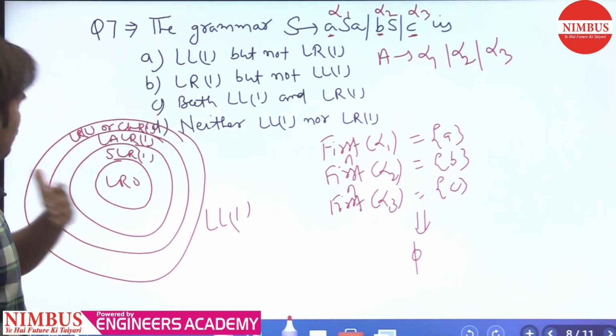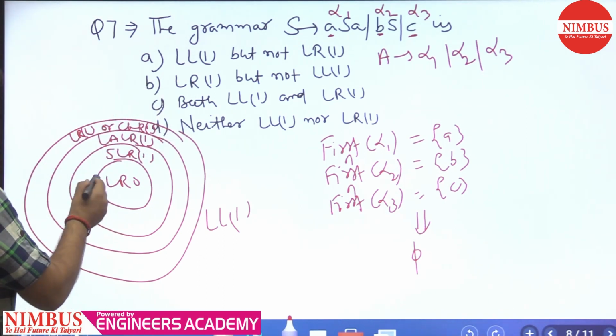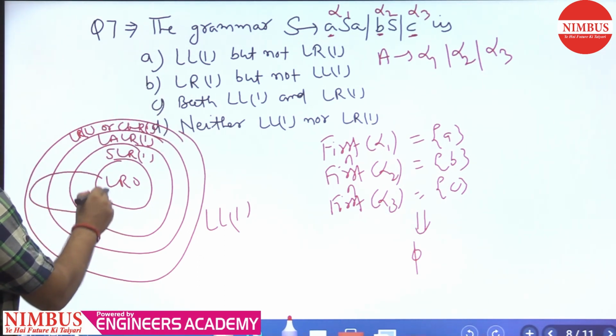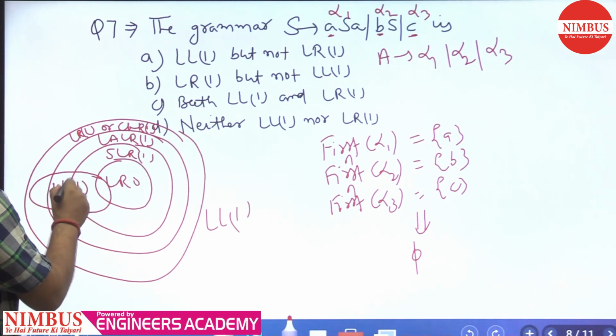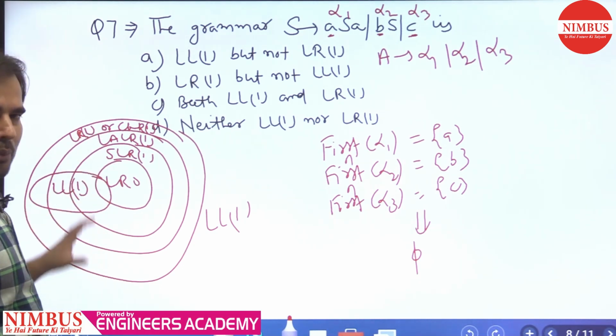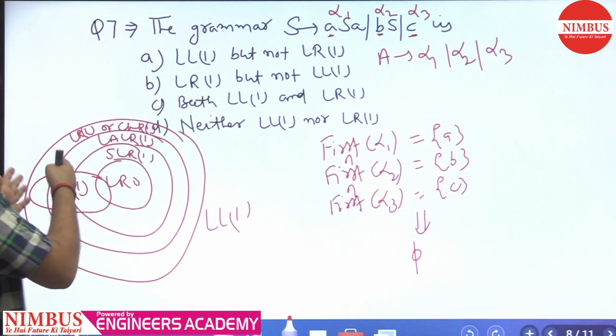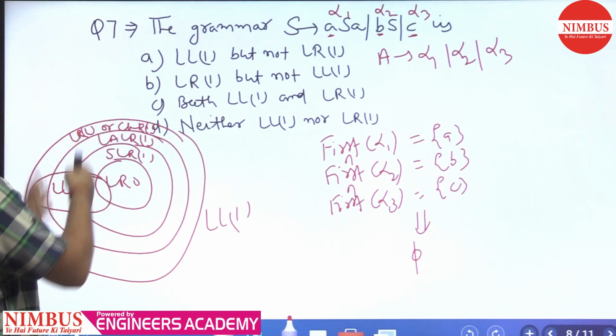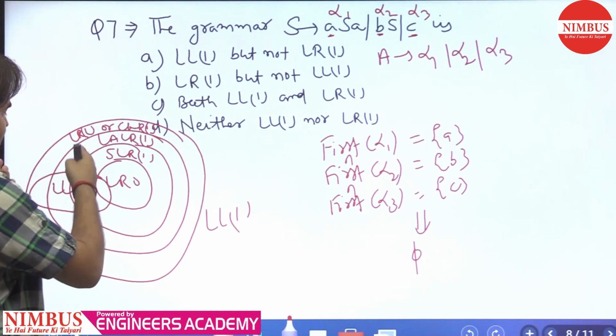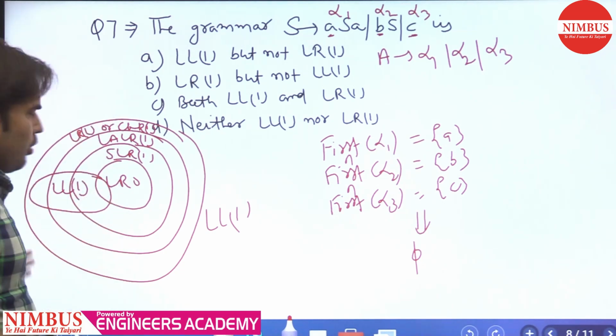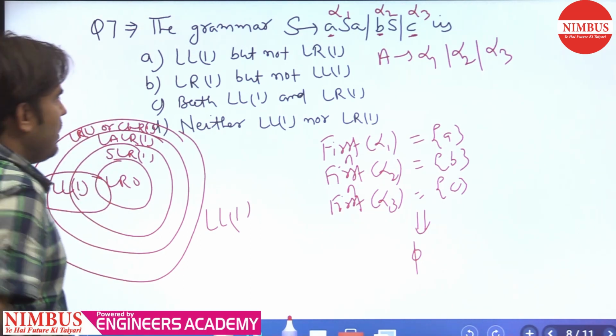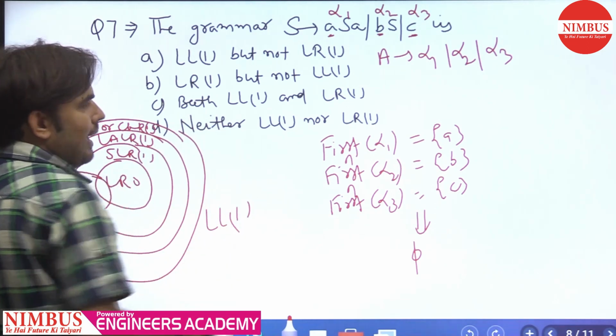LR1 or CLR1, both are equal. And here we have LL1. LL1 is a subset of all the bottom up parsers. So when the grammar is LL1, then it should be LR1. जब ग्रामर हमारी LL1 है तो LR1 जरूर होगी, because LL1 is a subset. So it's LR1 also.